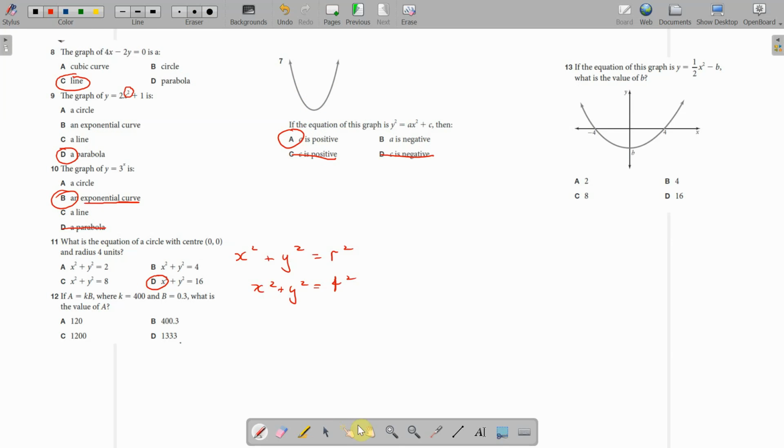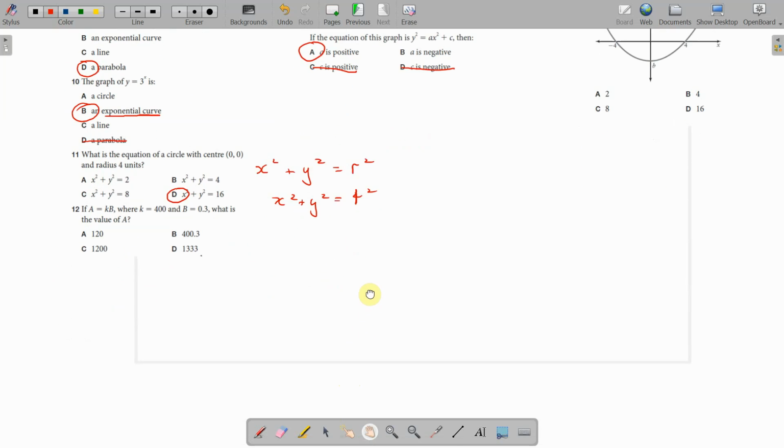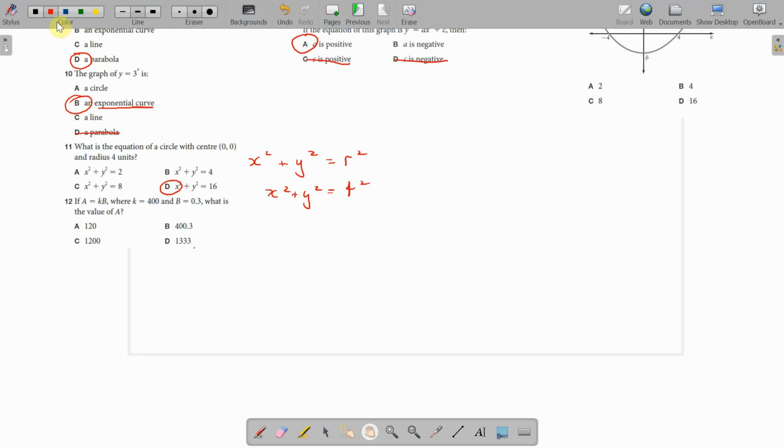Next one. This will take a minute. I might have to move this down a little bit, give it a bit of space. Okay, going to go a different colour. If A equals KB, where K is 400 and B equals 0.3, what is the value of A? That shouldn't be too hard.